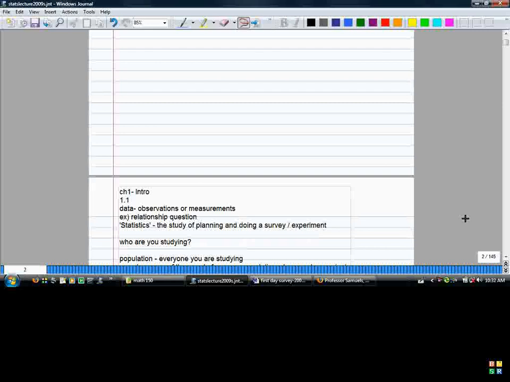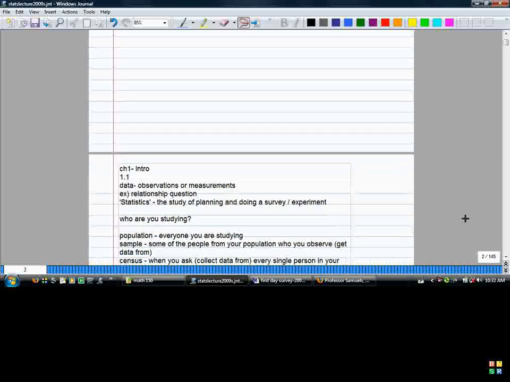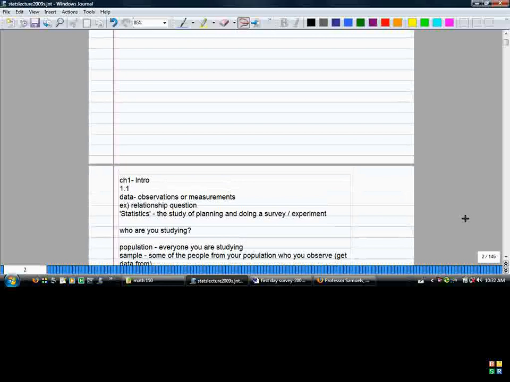Now, the sample represents some of the people from the population, and those are the ones that you observe or that you get data from. In this case, my entire population was only 25 people.